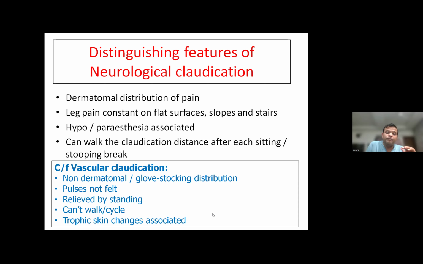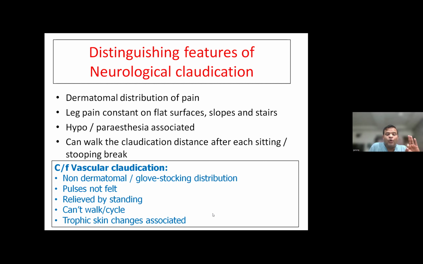There can be hypo or paresthesias associated in vascular claudication also when the stenosis becomes severe. In neurological claudication, the patient can walk the claudication distance after each sitting or stooping break, and the distance of walking gradually goes on reducing. But what happens in vascular claudication? It's a non-dermatomal pattern, usually in a glove and stocking distribution. If you examine, pulses are not felt.